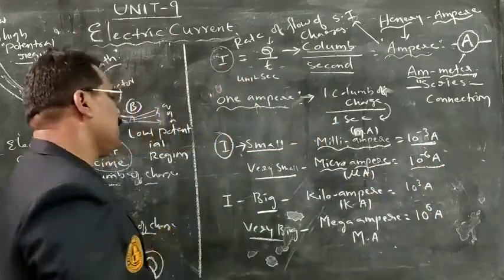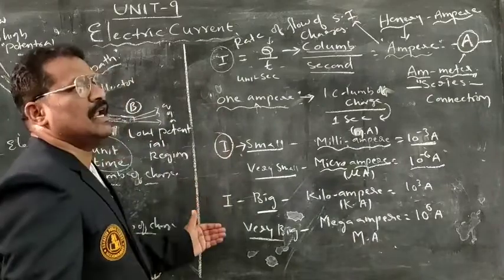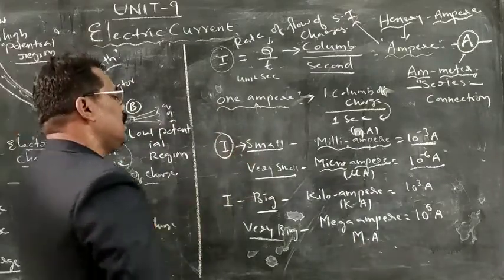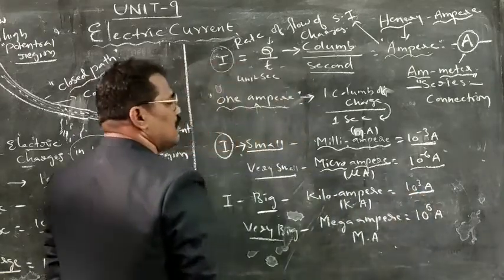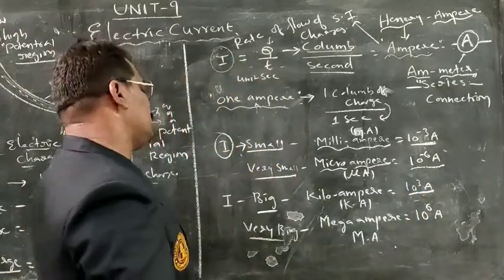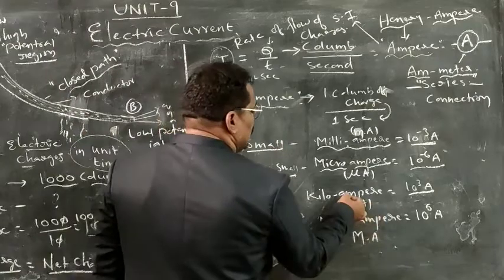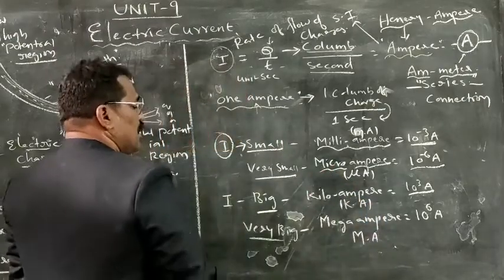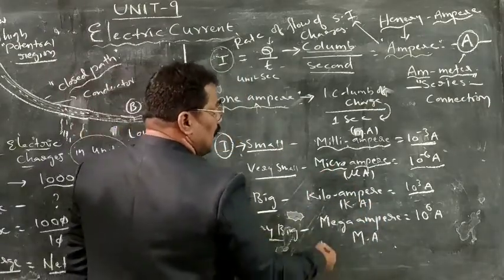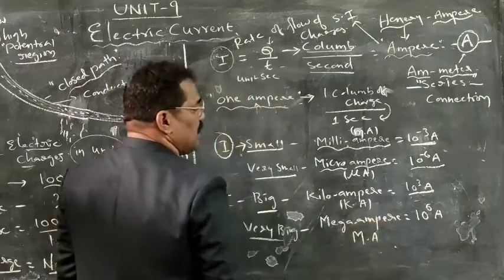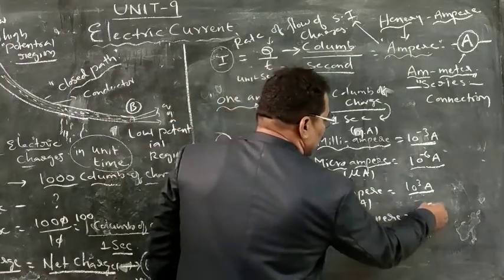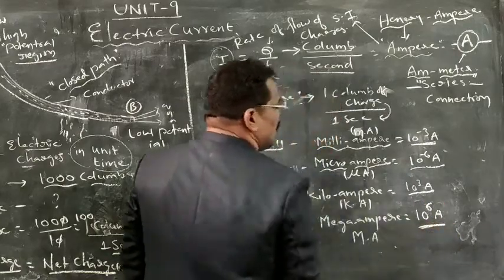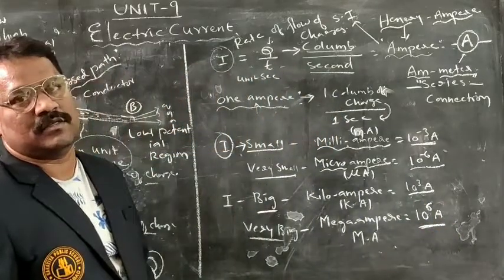For bigger values, there is the kiloampere, where 1 kA is equal to 10 to the power of 3 amperes. For very big currents, there is the mega ampere, MA, where 1 mega ampere is equal to 10 to the power of 6 amperes.